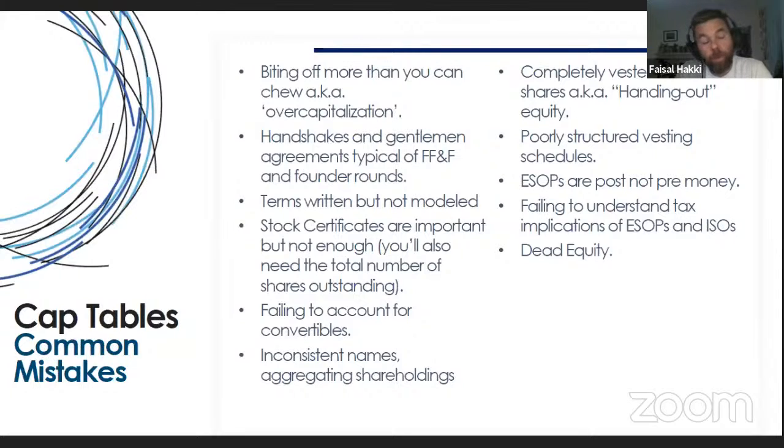What would the cap table look like, and hence what would their shareholding look like, if all of these outstanding convertible debt is converted, or if all of the stock options are awarded to the employees, because typically these eat into the investor's shareholding. Also, a common mistake is you usually have same investors coming in through different vehicles. So keep the names separate, don't aggregate shareholdings, and keep the names consistent.